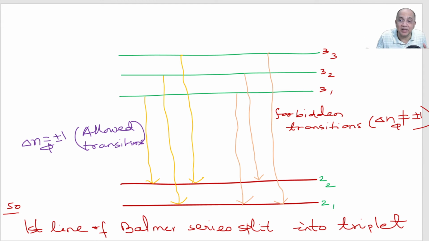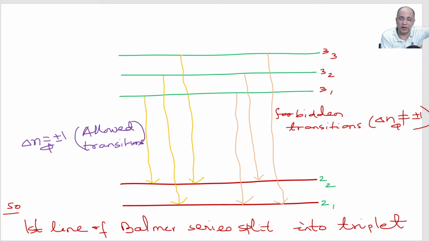They are forbidden transition. He didn't know the logic, just like Bohr did not know why the angular momentum should be quantized. That was proved by de Broglie equation using an electron wave concept, a standing wave concept. You know that. In the same manner, he said so. That also was corroborated in other transitions, the second line, third line, or Lyman series, other lines.